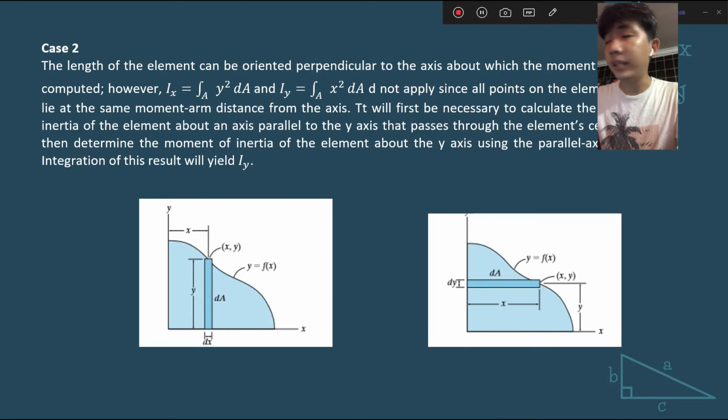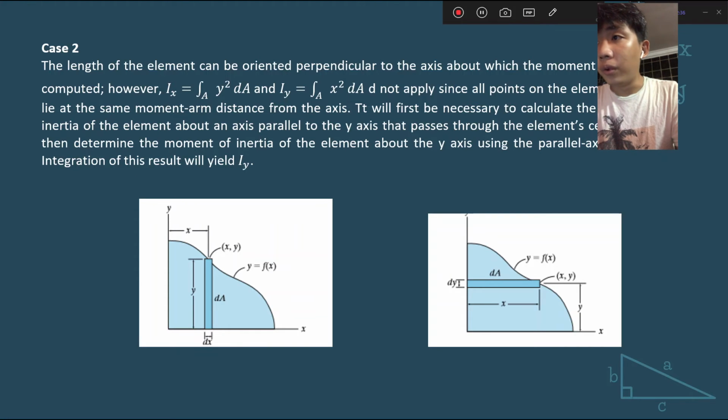For the second case, the length of the element can be oriented perpendicular to the axis about which the moment of inertia is computed. However, Ix equal to the integral of y squared dA, and the other one, do not apply since all the points on the element will not lie at the same moment arm distance from the axis.